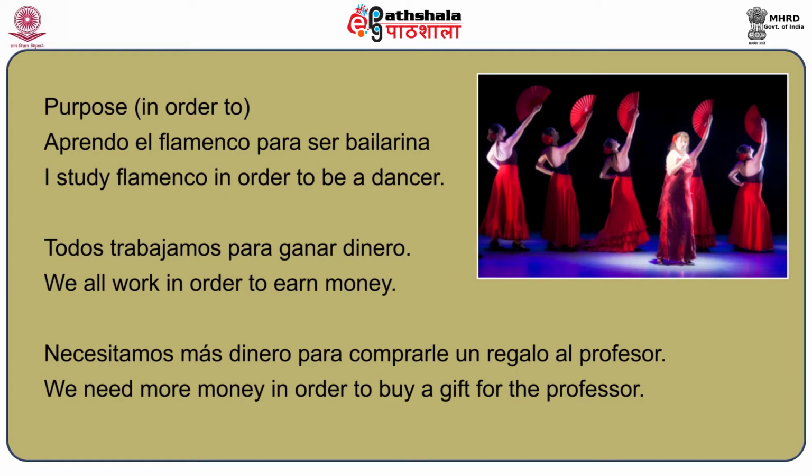In English, the sentence is, I learn flamenco in order to be a dancer. Next example is, todos trabajamos para ganar dinero. In English, the version is, we all work in order to earn money.